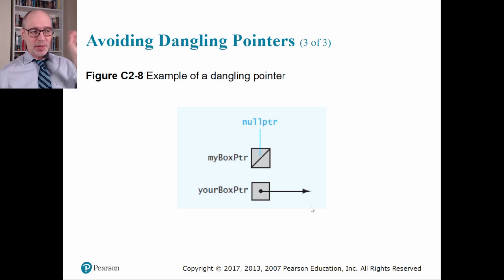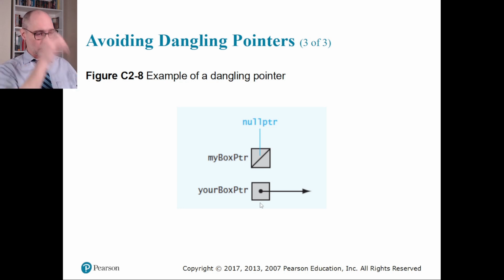But the problem is, in some other part of the code, yourBoxPointer is still holding that address, and that other part of the code has no way of knowing that the delete happened. At this point, there's no way to realize that you have an address in yourBoxPointer, but there's no actual object on the free store in that location.